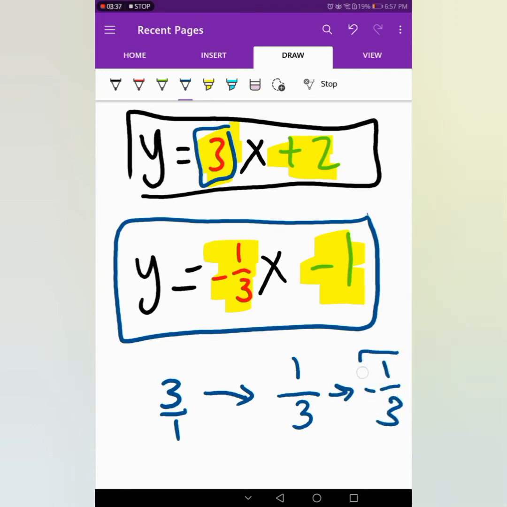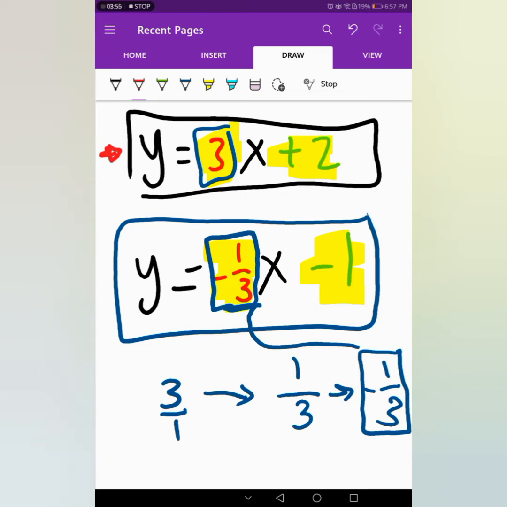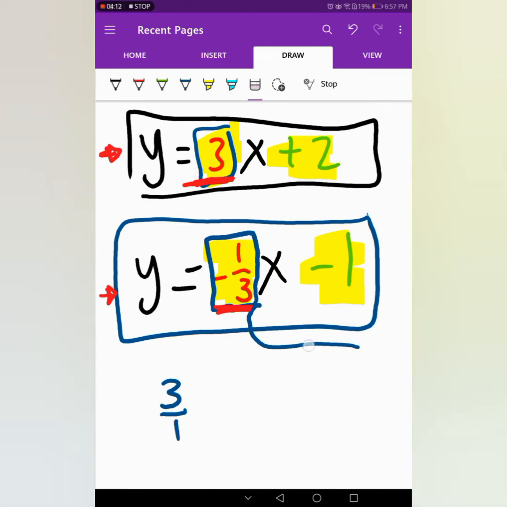If you get this same result in the other equation, that means the first line will be perpendicular with the second equation. Why? Because the slopes are the opposite reciprocal of each other. Okay, this is the introduction.